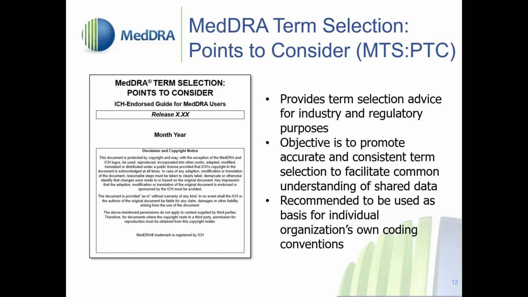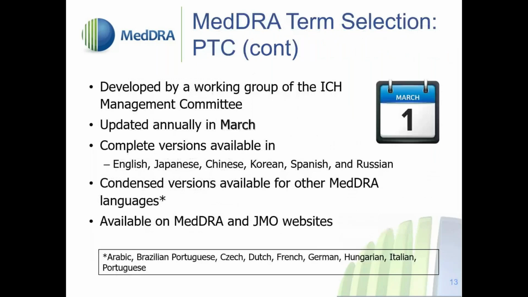This ICH endorsed guide was developed by the ICH M1 PTC working group, and that consisted of representatives of ICH regulatory as well as industry members, in addition to WHO, the MSSO, and the JMO for participation. And JMO is the sister organization to the MSSO in charge of Japanese MedDRA.